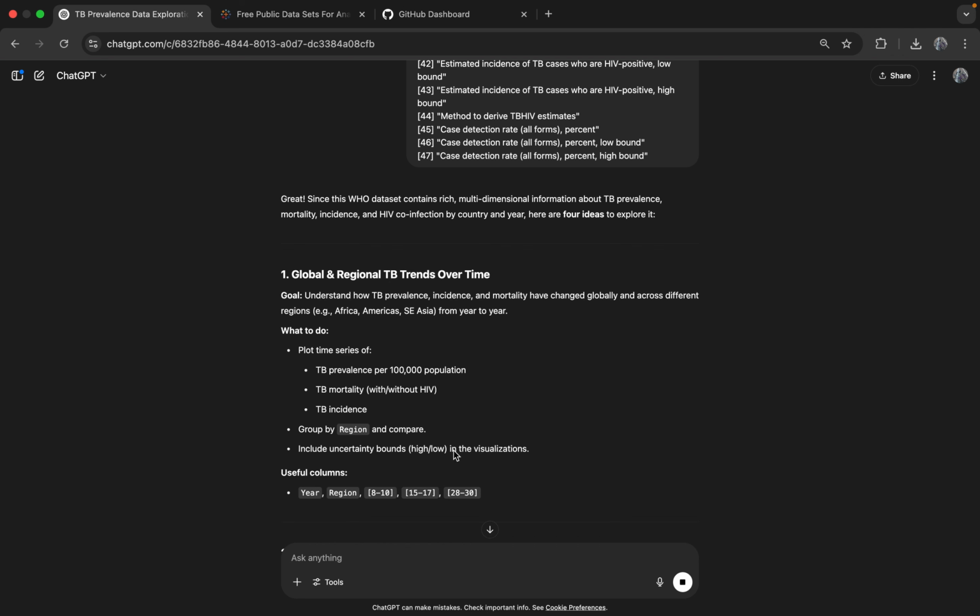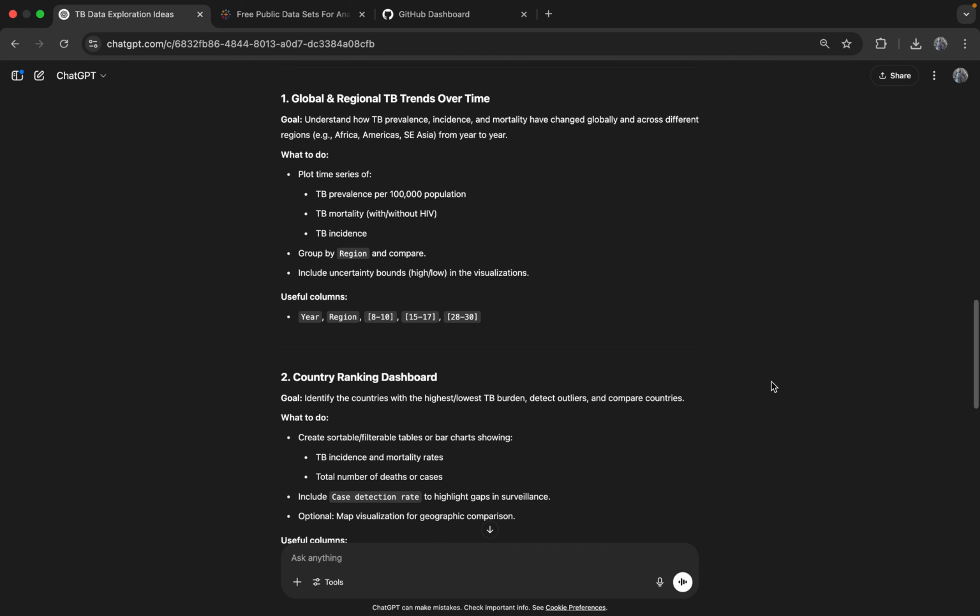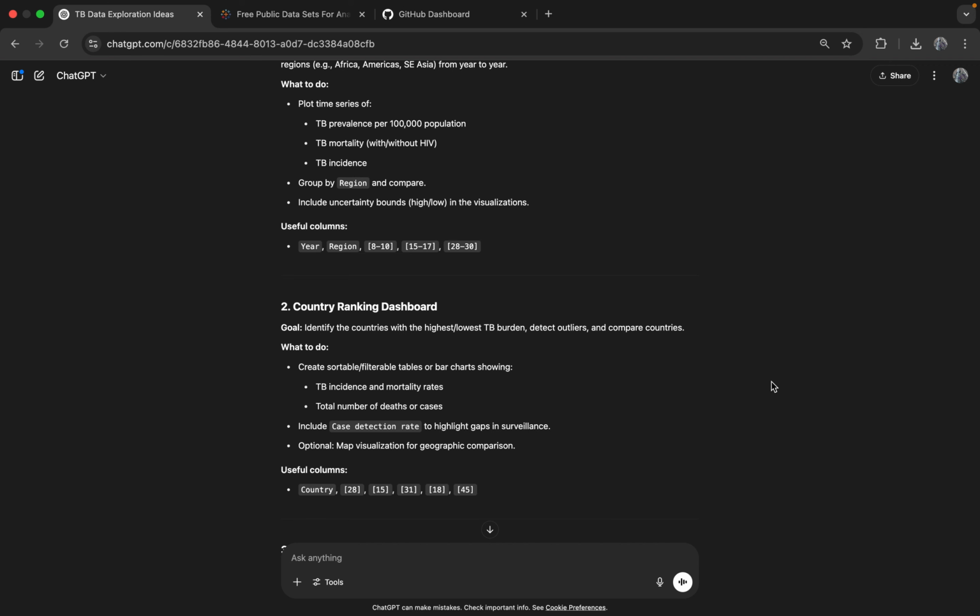You see, since this contains rich multidimensional information, including HIV co-infection, these are 4 ideas to explore. First is global and regional TB trends over time, a time series. Then a country ranking dashboard.